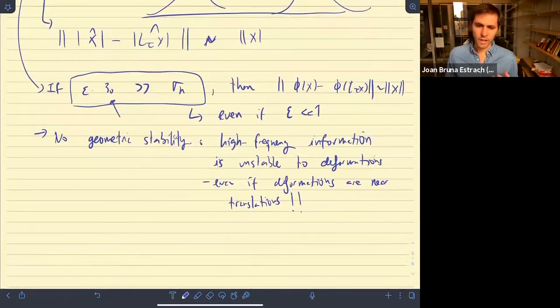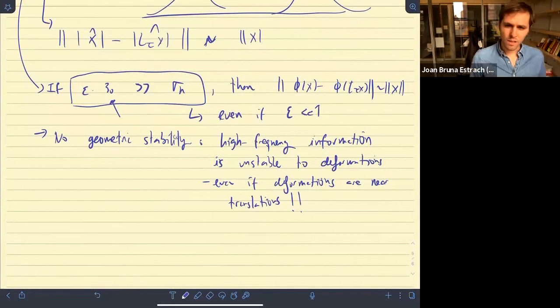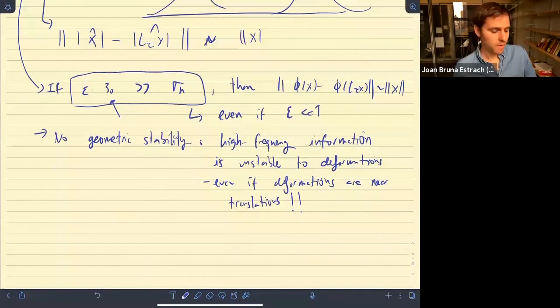So here we have really isolated the core problem. If I look at the translation, I know that any Fourier coefficient of the signal, even a very high frequency coefficient, if I look at the modulus of this, is going to be an invariant. The translation group is not going to move information throughout the frequencies.